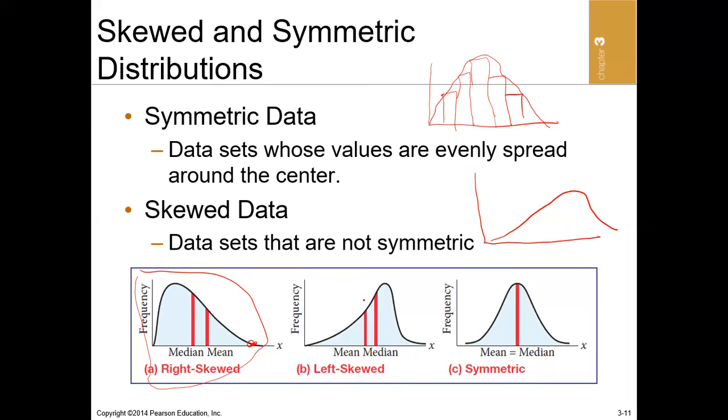Again, when we plot a set of figures and the tail is here, we say that that figure is left skewed, okay? Now, when we say the set of figures is left skewed, it means that definitely their mean will be lesser than their median.